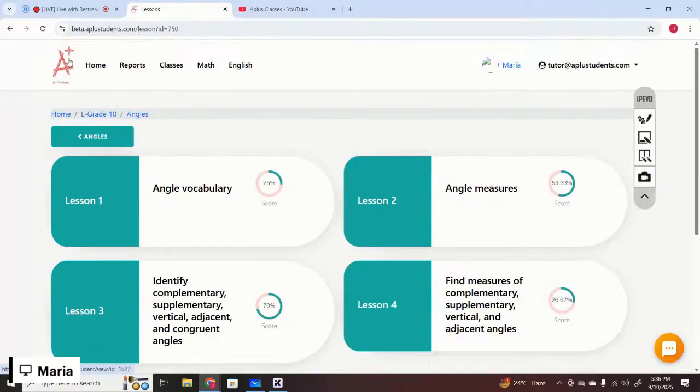Lesson is identify complementary, supplementary, vertical, adjacent, and congruent angles.